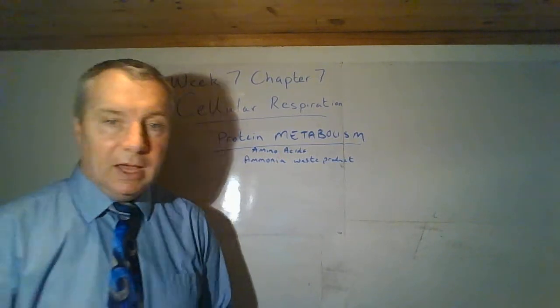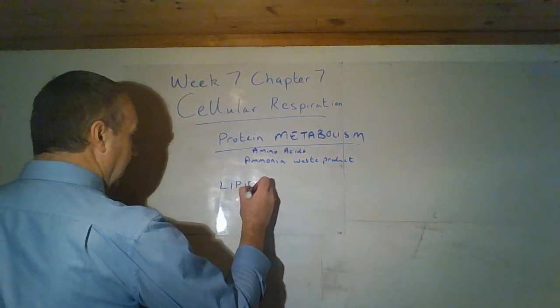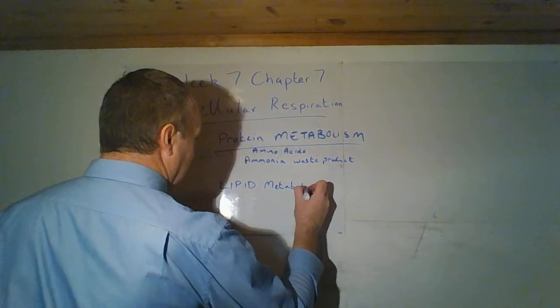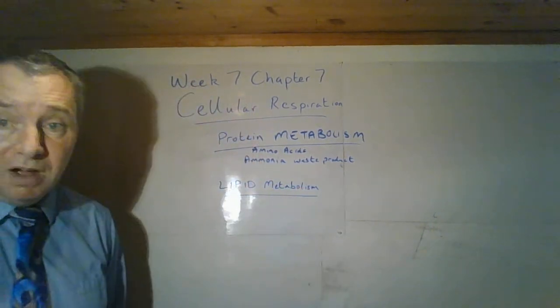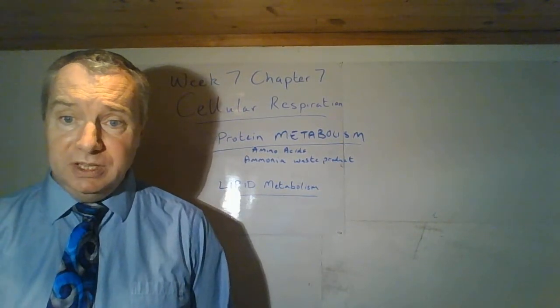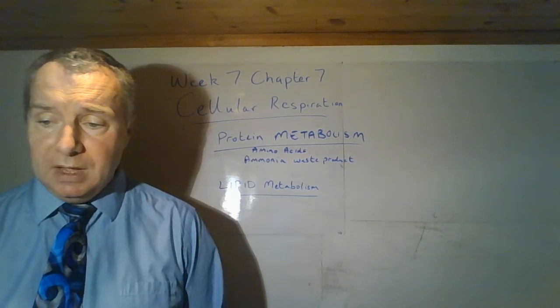The other one that we can do is lipid metabolism. Lipid metabolism is more profitable for our body because lipids are very energy dense, and they're even more energy dense than glucose.